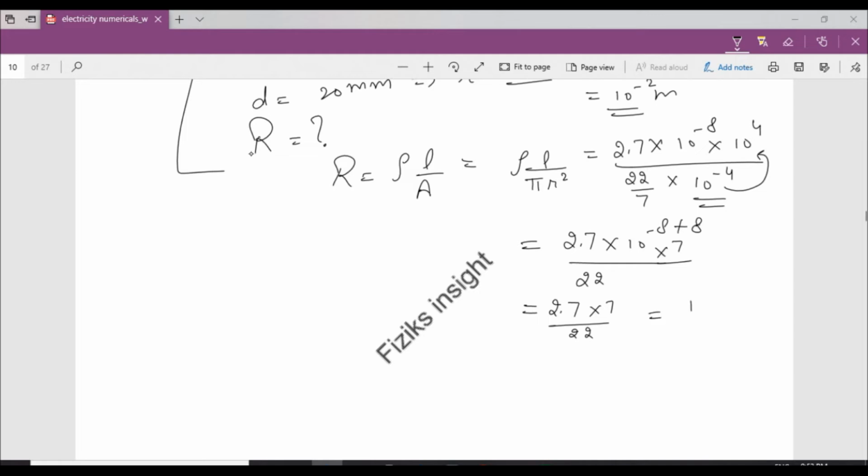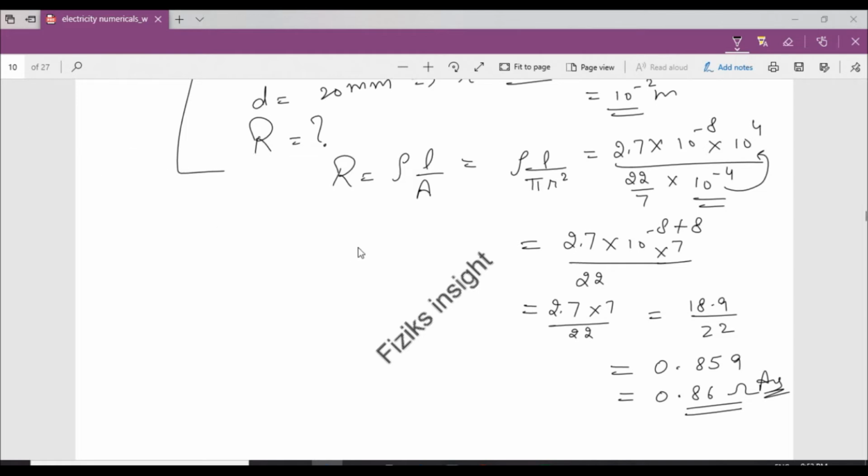You will get 18.9 and you have 22 here. If you divide 18.9 by 22 by the long division method, you will get the answer as 0.859, or you can say 0.86 ohms. Okay, so this is your answer.